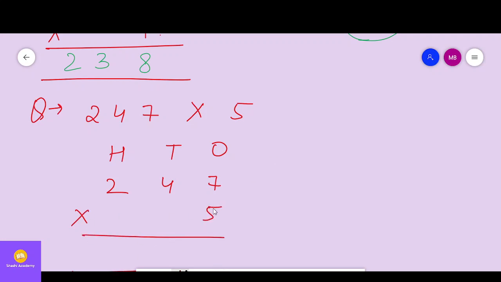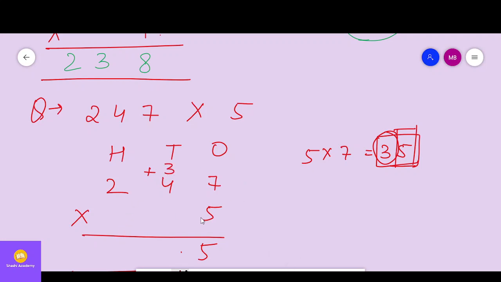So first I will multiply 5 with 7, then 4, then 2. We have to multiply 5 with each and every digit in the first row. So 5 sevens is 35. But again we got 2 digits. We cannot write 2 digits here. So we will write the ones digit here and the tens digit we will carry forward to 4.